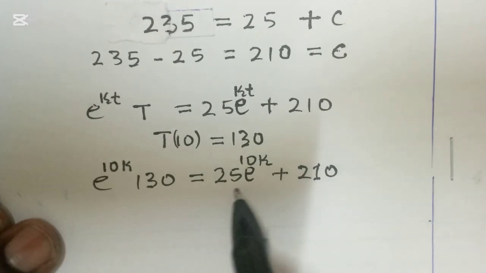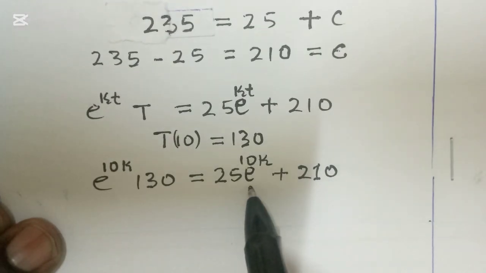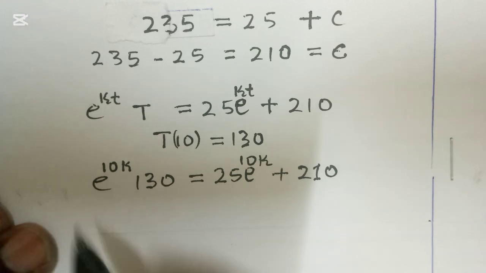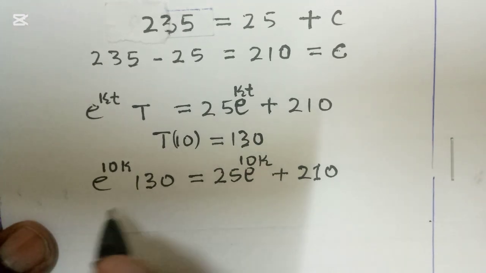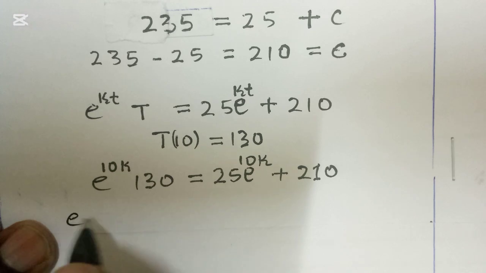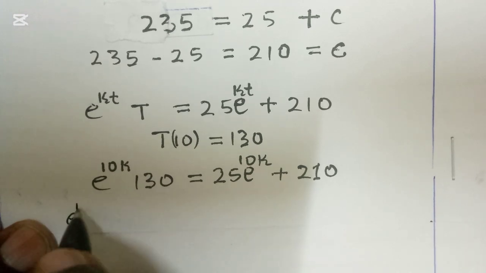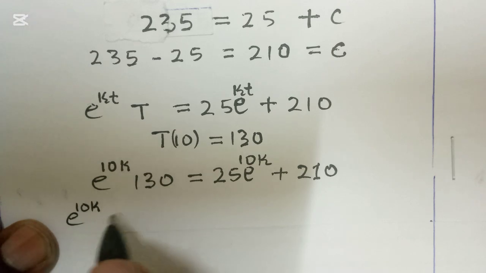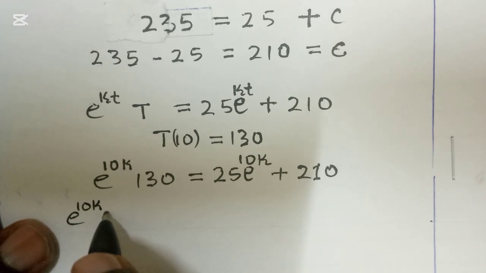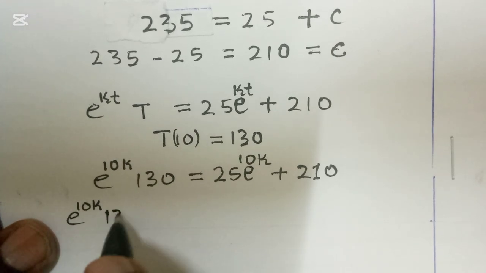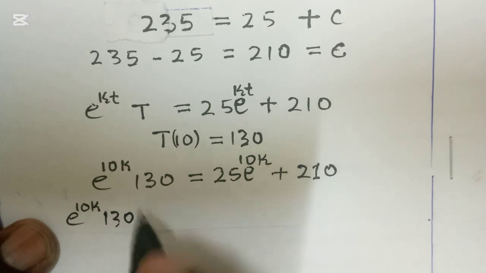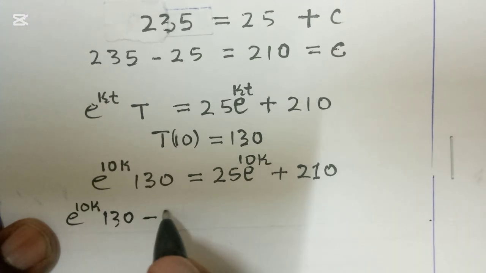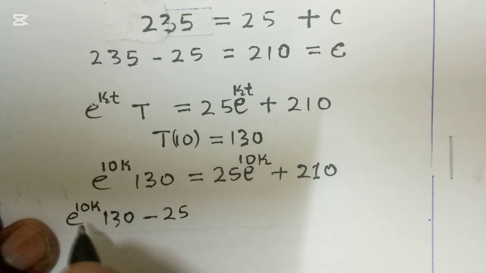We continue now, guys. We bring this value to the other side. So we shall have e raised to 10k, like that. Maybe let me write 130 first, and then I write 25.